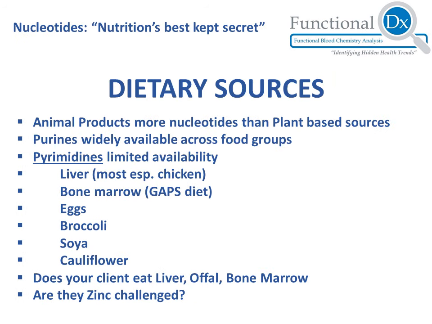So we know that from dietary sources, because we'll look at the diets, animal products have a lot more nucleotides in them than plant-based sources. It doesn't mean to say that suddenly all vegetarians or vegans have to switch over to being carnivores, but in the cases of vegetarians or vegans, when their systems go out and their immune systems get compromised, they have to find other sources.